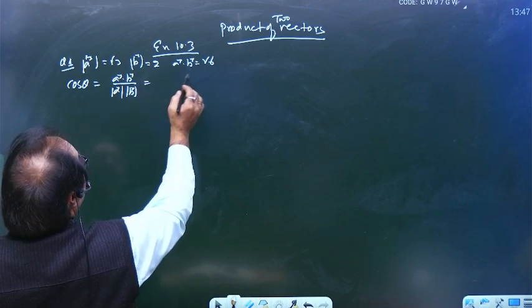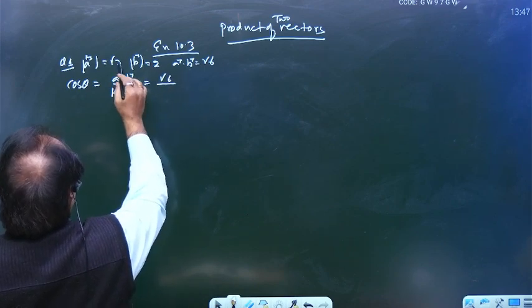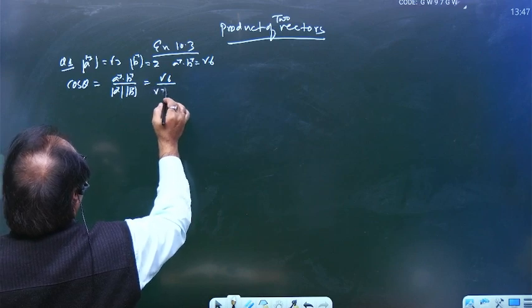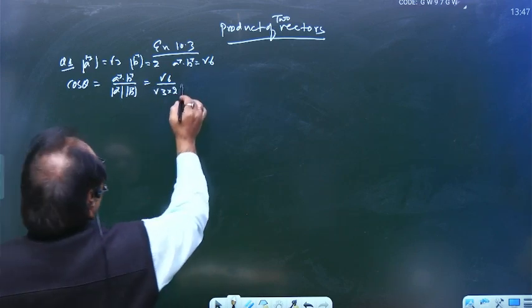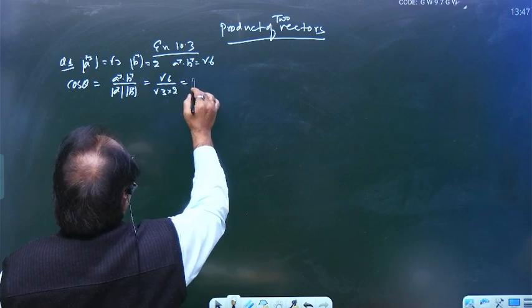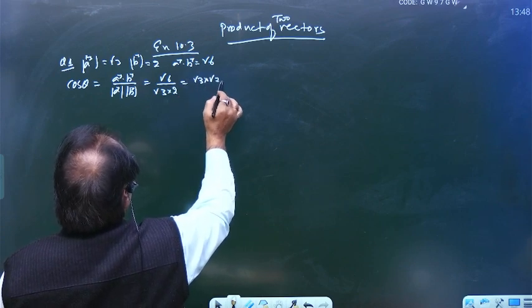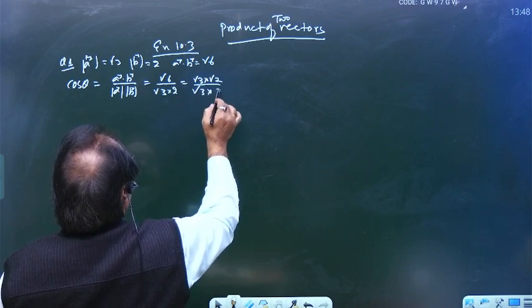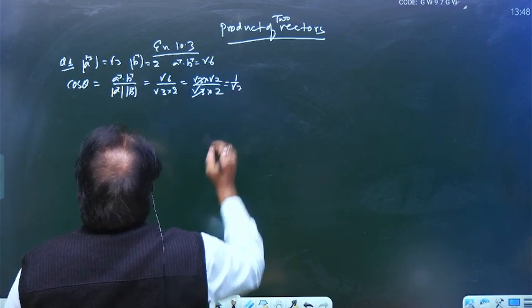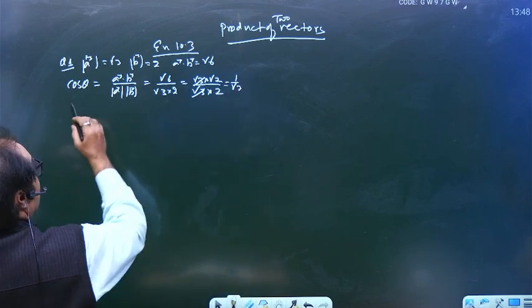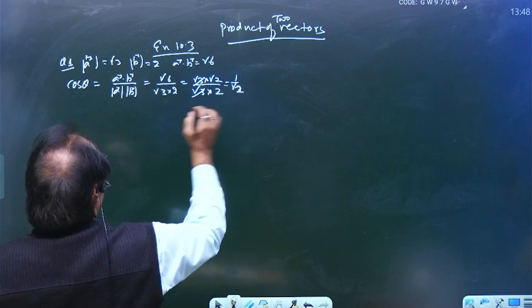So a dot b is given as root 6, the magnitude of a is root 3, and the magnitude of b is 2. So this can be written as root 3 into root 2 upon root 3 into 2. We can cancel out, and after the cancellation it is 1 by root 2. So cos theta is equal to 1 by root 2.